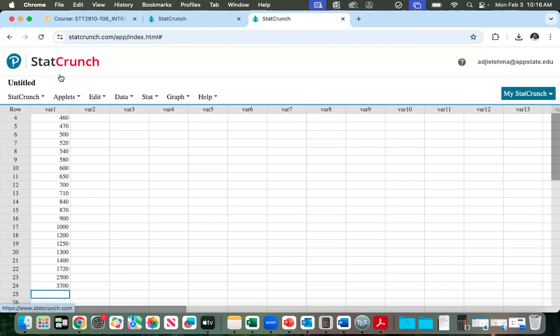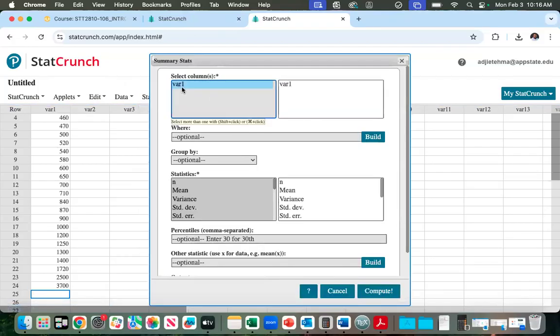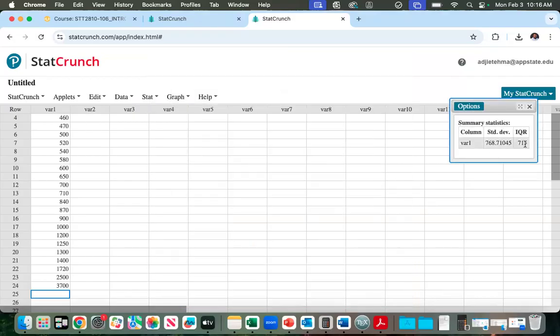I've been able to enter mine, and all you want to compute is the IQR and standard deviation. So you go to Stat, Summary Stats, Columns. I hit var. I need standard deviation and then IQR. I just select those two. Is that okay? And then I hit compute. So this is the IQR, this is the standard deviation.